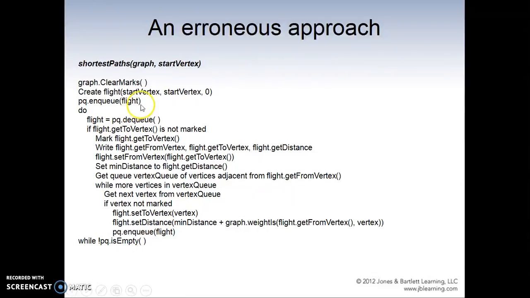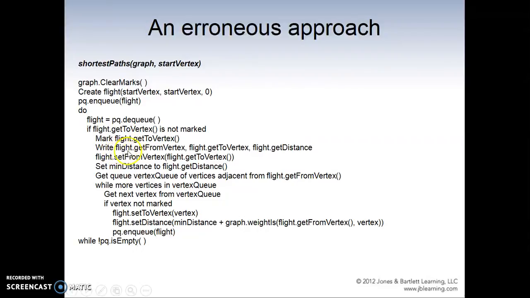So first it's going to be Washington. Get to vertex, is it not marked? So if it's not marked, then we're going to mark to vertex. We're going to mark Washington.